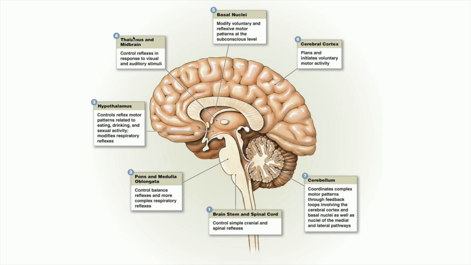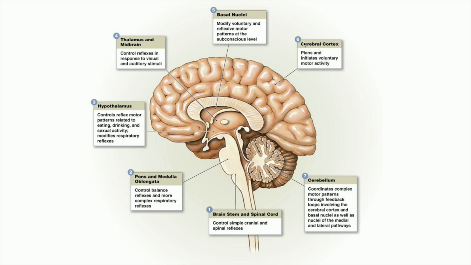The next level up, we have the thalamus and the midbrain. They control reflexes in response to visual and auditory stimuli. And next we have the basal nuclei, which can modify the voluntary and reflexive motor patterns subconsciously.